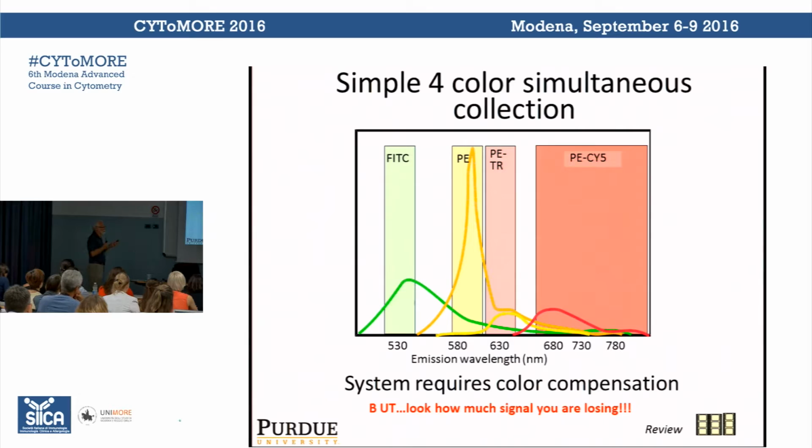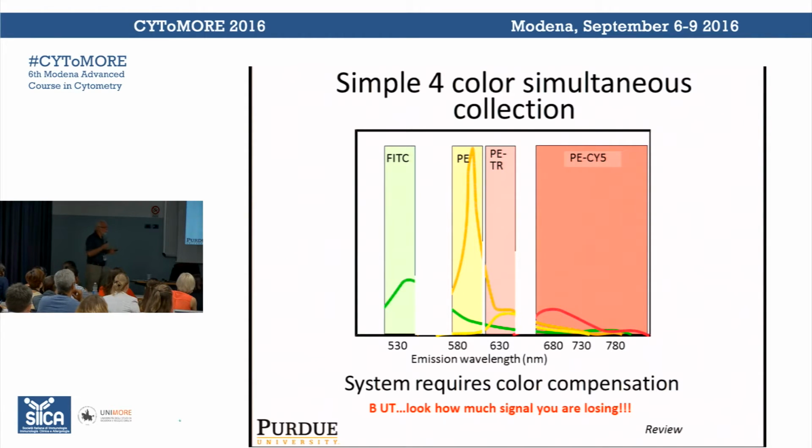That is, photons that have that energy level get measured in that window. But when we do that, regardless of what the shape of this curve is, we lose photons. Poof, they're gone.